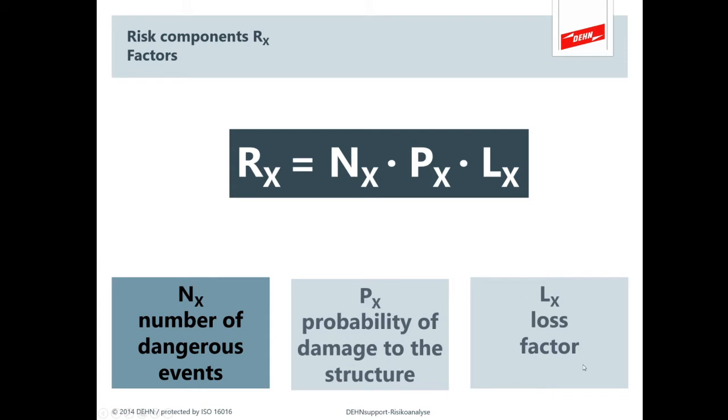And lastly, we will define the loss factor, LX. So we have this simple formula, and at the end we have to multiply 3 numbers, and this will make up the risk components. X can be A, B, C, and so on. So this is, very roughly, a summary of the risk analysis.